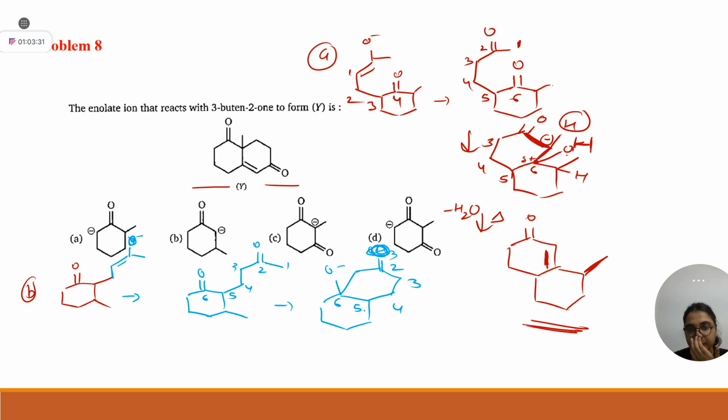Clear? Now it will become OH. It will abstract proton. Are you able to solve with me? And you will get this. In option number B, students, you will get this.